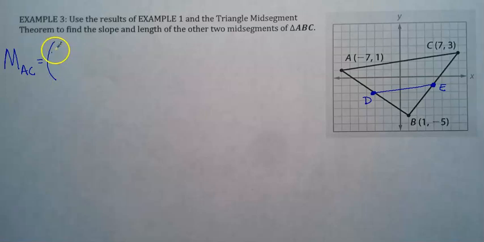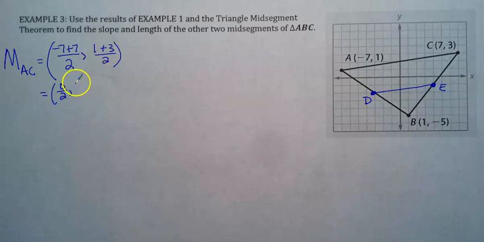So our x coordinate is going to be -7 plus 7 divided by 2, and our y's, 1 plus 3 divided by 2. So -7 plus 7 is 0 divided by 2, comma, 1 plus 3 is 4 divided by 2.